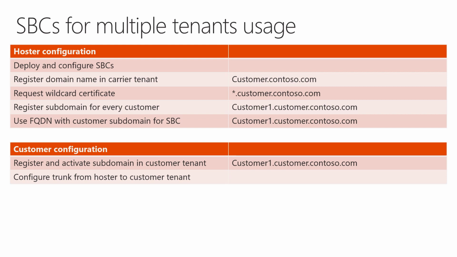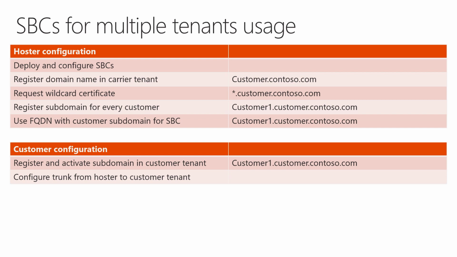Next, they request a wildcard certificate, *.customer.contoso.com, and this will be used for all the SBCs they're using and for all the customers accessing this SBC. As you can see, one certificate will be sufficient to support any number of customers on any number of SBCs.